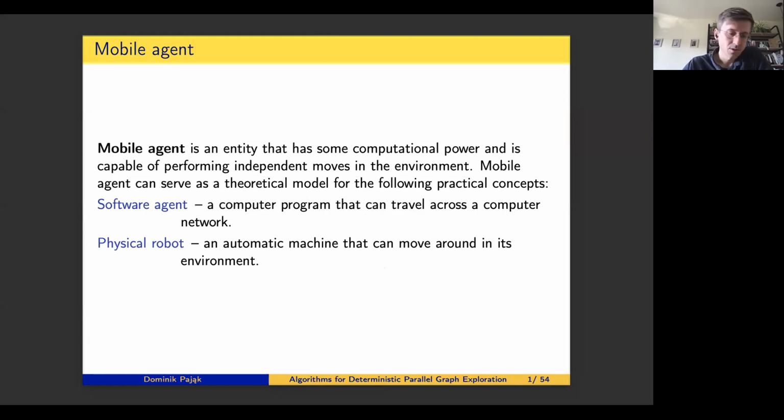So such agents can be like a theoretical model of some software agents, like web crawlers that can travel across, let's say, hyperlinks in the network of websites, or like a physical robot that's moving around some environment.